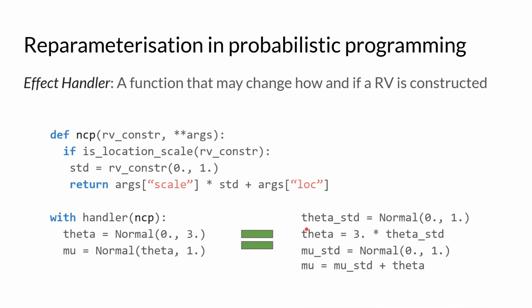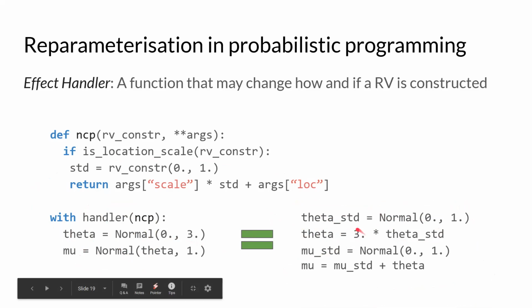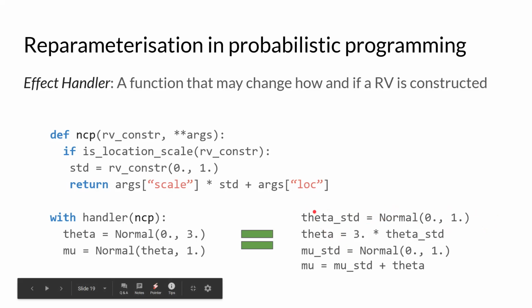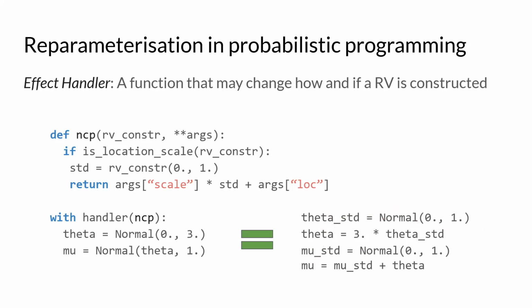Because now we don't have anything constructing a random variable on the right-hand side of theta and mu, but instead we have mu std and theta std that are normal 0, 1, the effect handler that constructs the density function will hit this, and it will define a density on theta std and mu std instead of on theta and mu. It's a bit convoluted, but basically we can nest these handlers. That's the entire idea. When we nest them together, they give us the desired behavior.